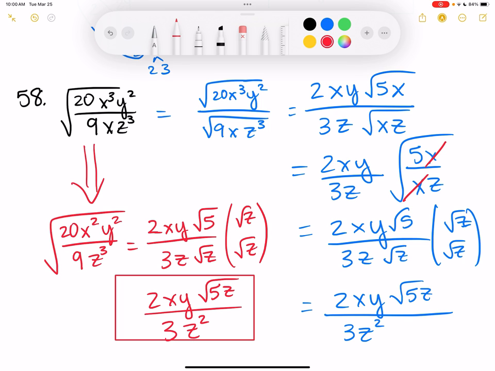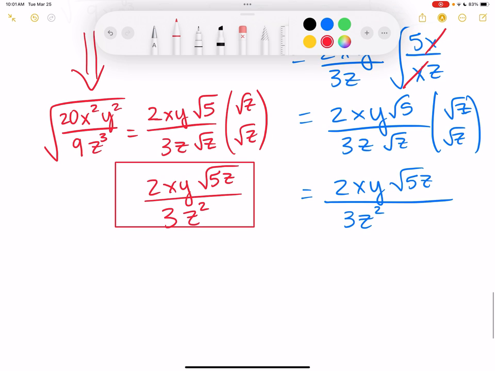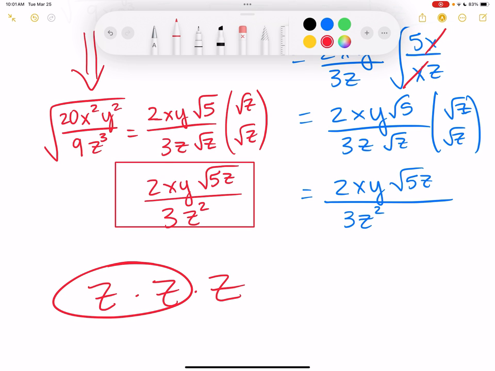No, I got 3z times the square root of z. Take things out in groups of 2. z cubed is z times z times z. I took out 2 of them. Oh, because we square rooted the bottom. You are so smart. Thank you.